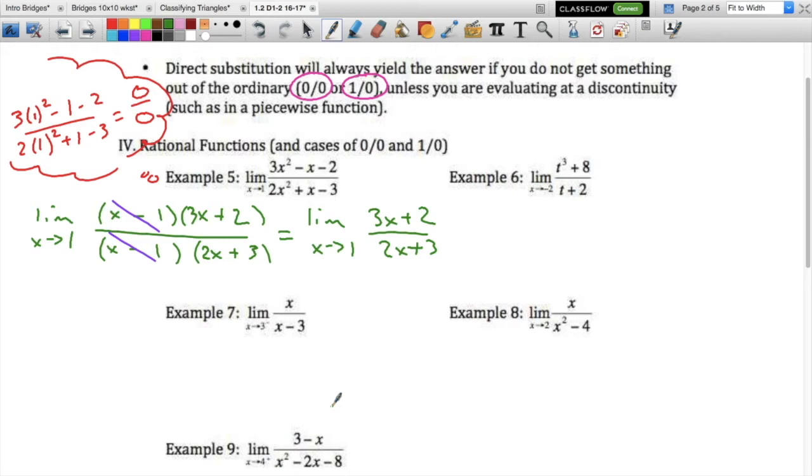How nice is that? So at this point, you no longer need your limit notation. You just simply plug in 3 times 1 plus 2 over 2 times 1 plus 3, and we get 5 over 5, which equals 1. So this limit, the answer is 1. Because we can factor, we can get factors to cancel, and then we can use direct substitution.